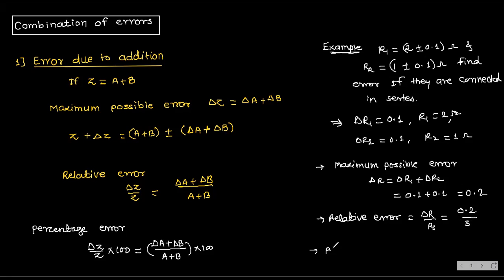And then if suppose I want percentage error, just I will multiply with 100. 0.2 by 3 into 100. That is equal to how much? 20 by 3. है ना? 20 by 3, which is equal to how much? 6.6%. ठीक है? Check करो. Right?